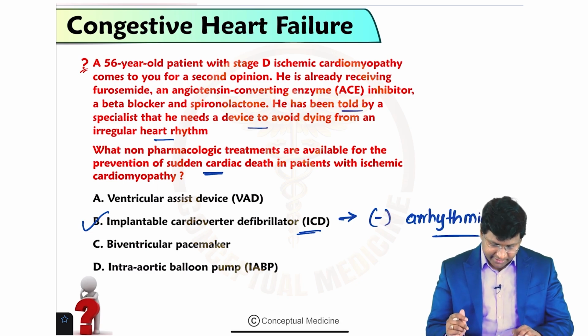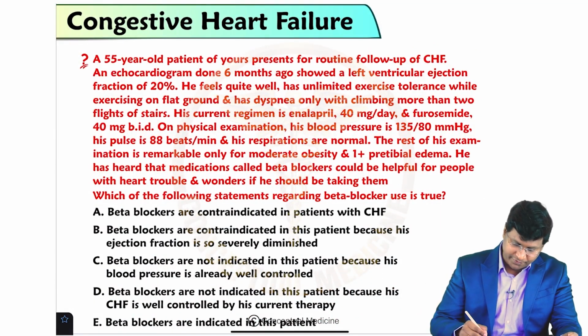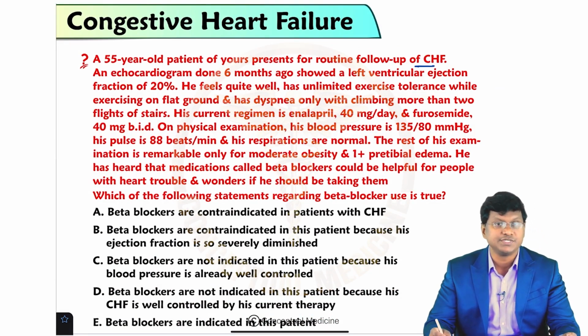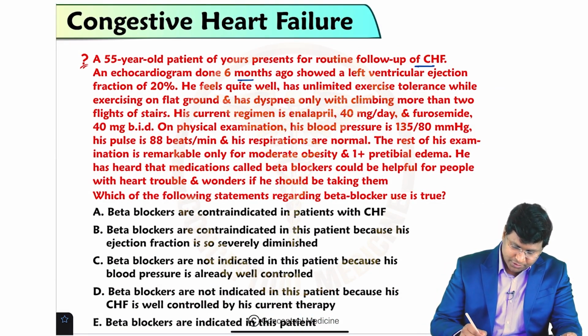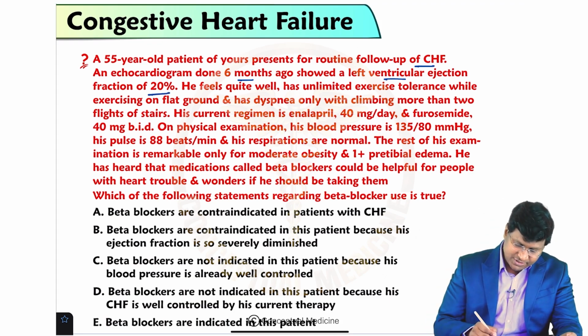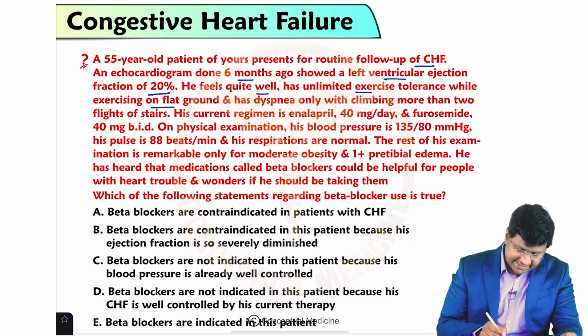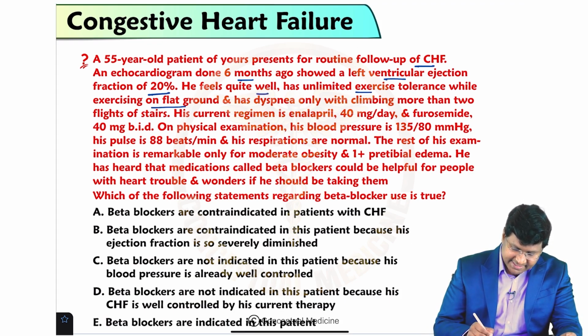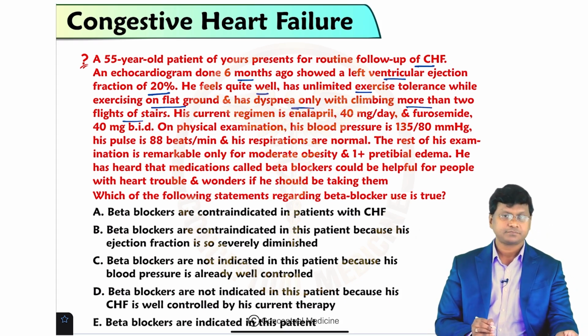Now, one more clinical question if you see. A 55-year-old patient of yours presents for routine follow-up of congestive heart failure. An echocardiogram done 6 months ago showed left ventricular ejection fraction of 20%. He feels quite well, has unlimited exercise tolerance while exercising on flat ground and has dyspnea only with climbing more than 2 flights of stairs.